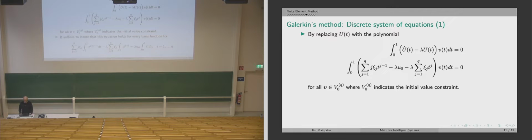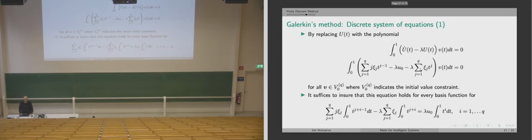And then now, what we only have to show is that this equation holds for the basis vectors. So we replace v by the expression of each basis vector, and there are I of these basis vectors, which leads to I equations, or a system of linear equations.